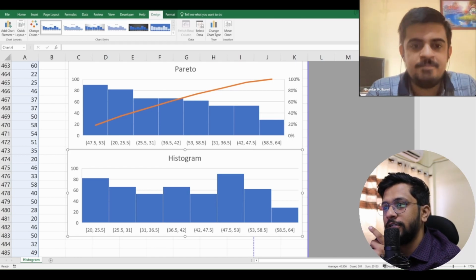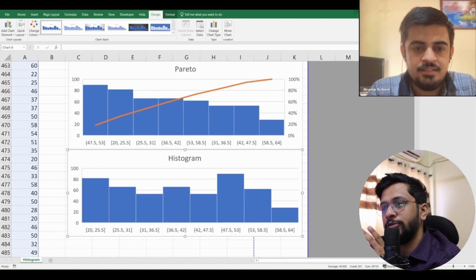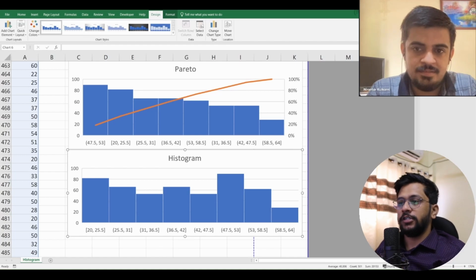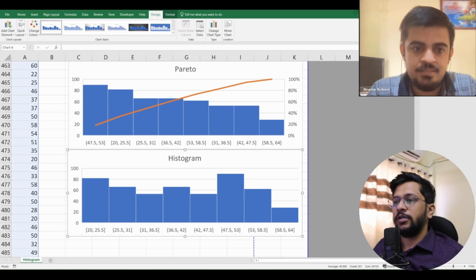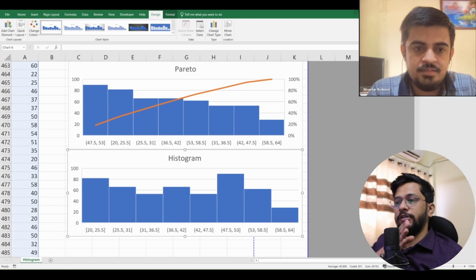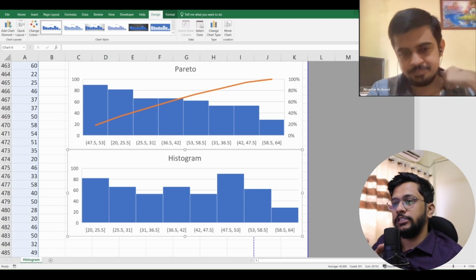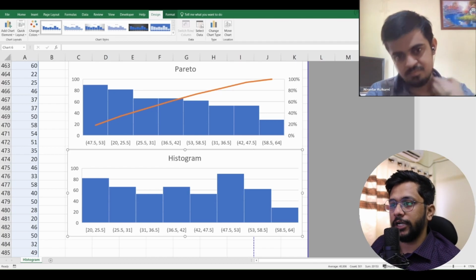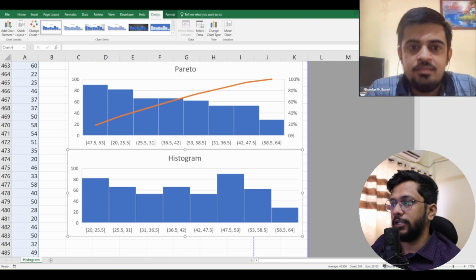In histogram it starts with 20.5, then 25.5 to 31, so the class interval sequence moves forward, whereas on the Pareto it is starting with the highest value. Whatever the interval of the bucket is does not matter to the Pareto.